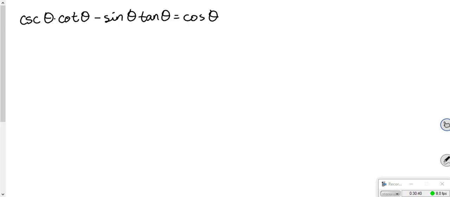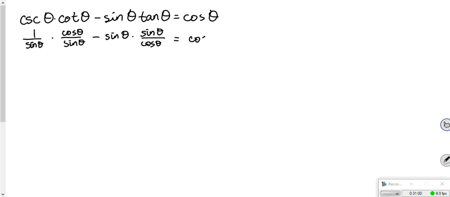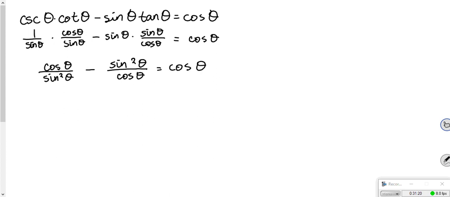So cosecant, remember, is 1 over sine. Cotangent is cosine over sine. Tangent is sine over cosine. Okay, so over here I'm going to have cosine theta over sine squared theta minus sine squared theta over cosine theta equals cosine theta.